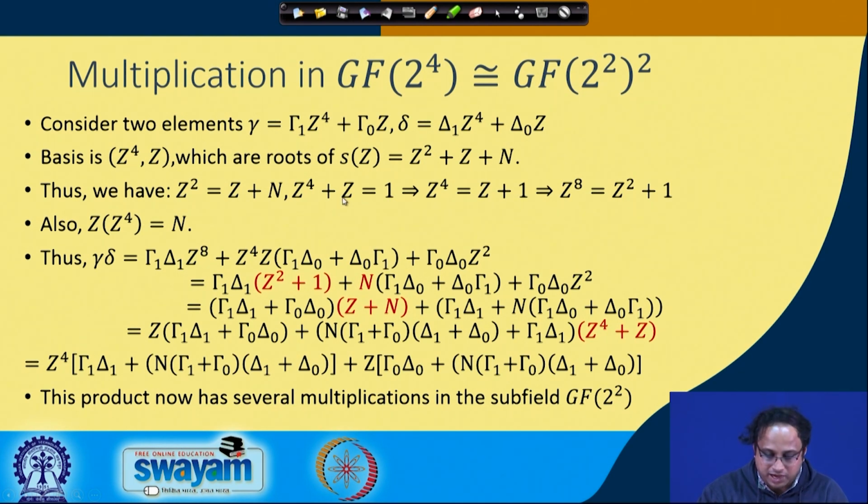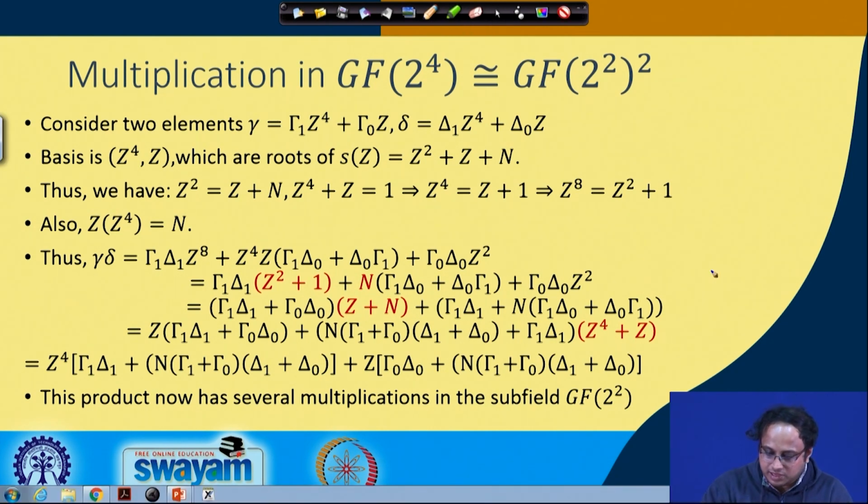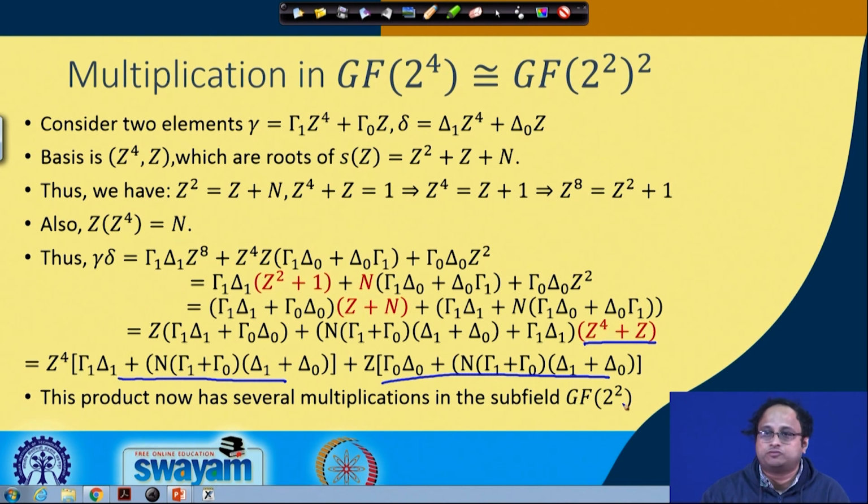So I plug it over here, instead of 1, I write this z power of 4 plus z. The other term already has z, which is fine, which is in my basis. Z is a basis element, and therefore I split my result into two parts, one which has z and the other which has z power of 4. This product will again have more multiplications in the subfield GF(2^2).